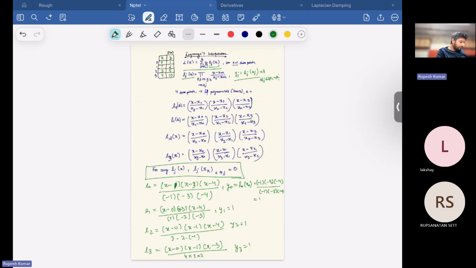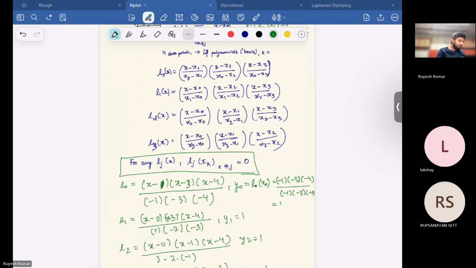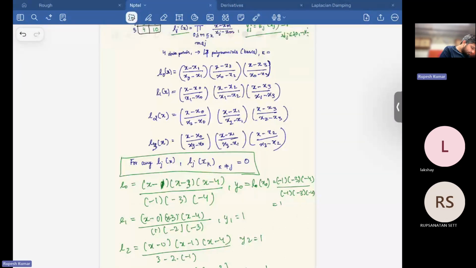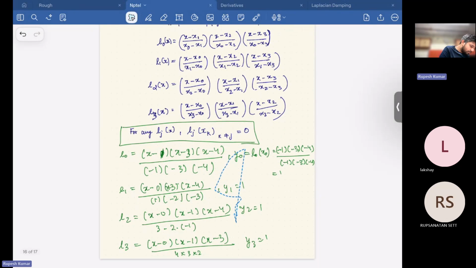So let's check if that's true. Let's simplify all this.